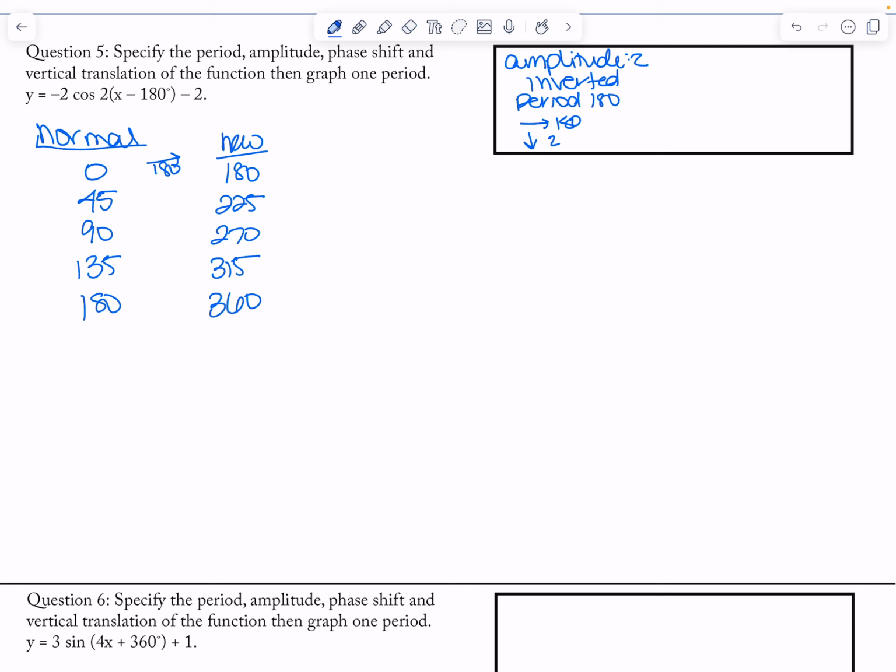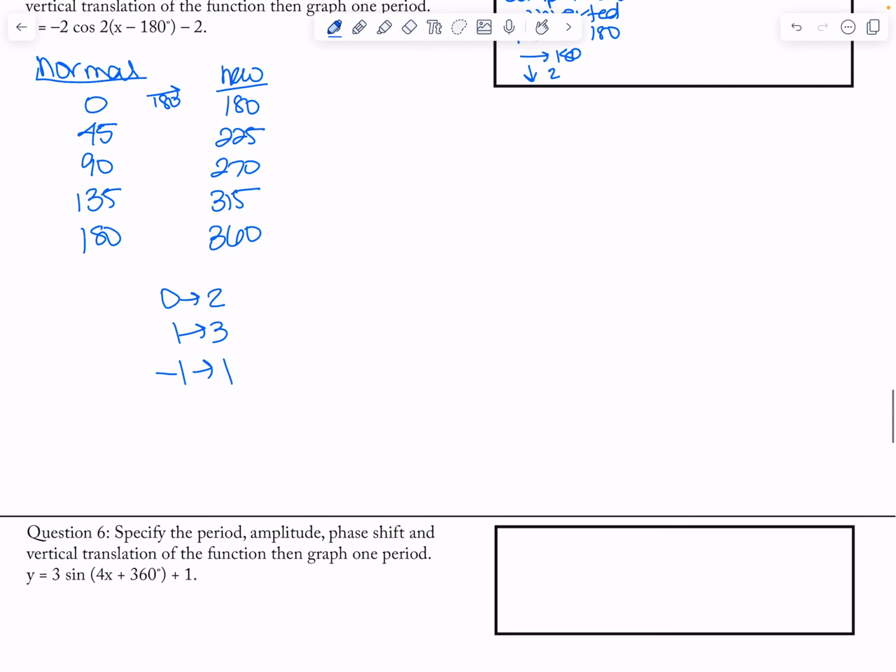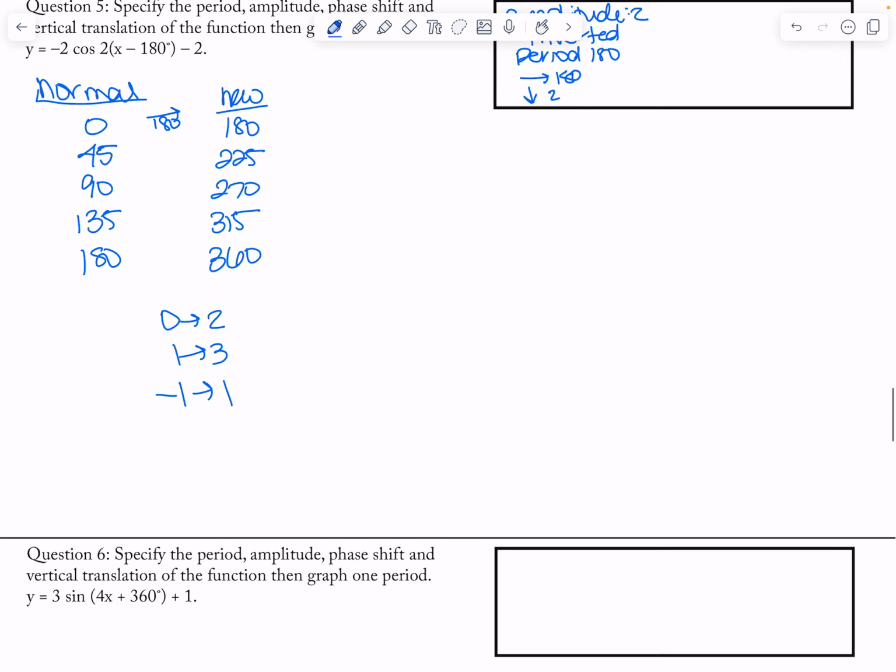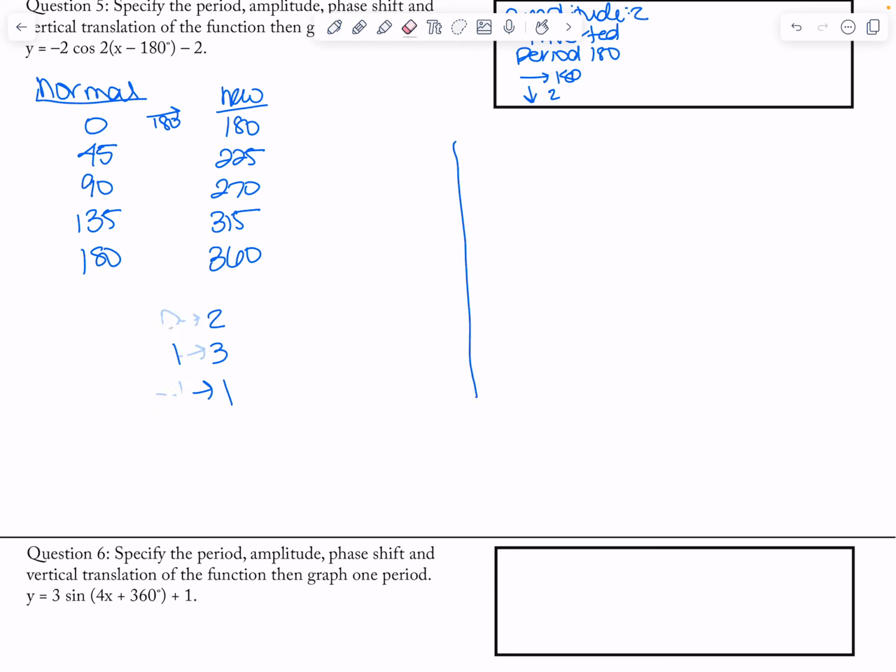So I'm going inverted. So my 0 becomes 2. That is not right. I'm like, what am I doing?